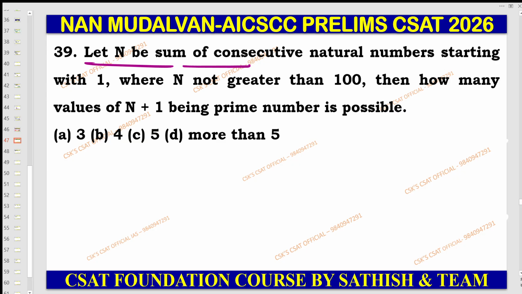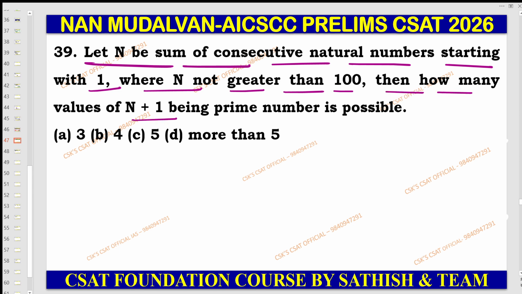Let N be the sum of the consecutive natural numbers starting with 1, where N is not greater than 100. Then how many values of N plus 1 being a prime number are possible? It's a good question but a time consuming problem. N is the sum of consecutive natural numbers.